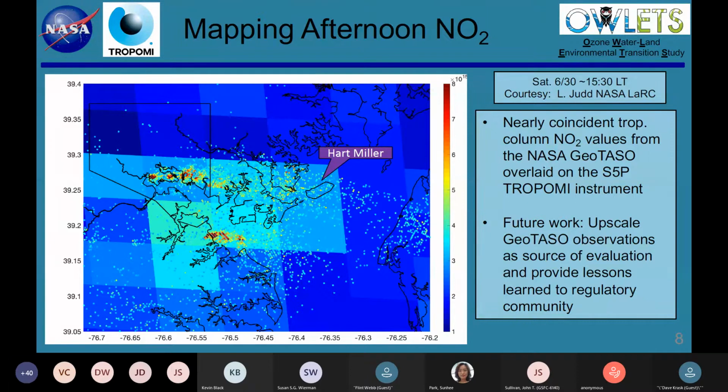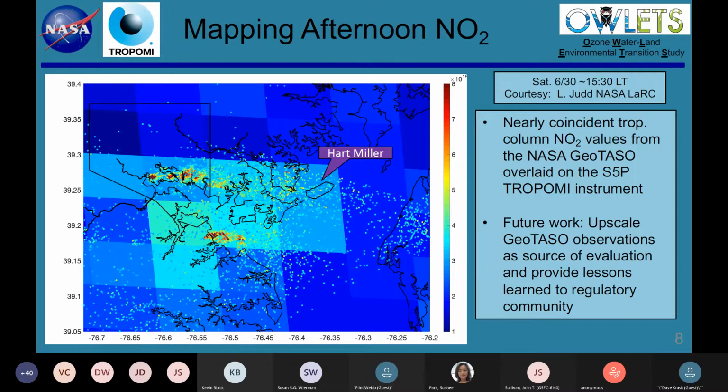So I've overlaid that with the NASA instrument that was flying on the aircraft from the previous slide, and I am very optimistic about these retrievals. I'm very excited to see that the satellite was able to pick out some of these NO2 hotspots in some ways, and some of the elevated concentrations over the water.